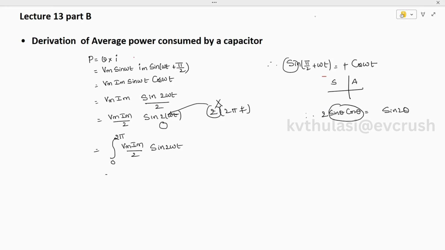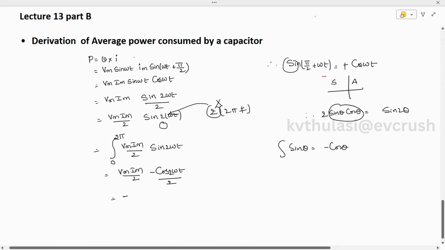So when you perform this, we are going to have Vm Im by 2 times the integral of sine theta, which is minus cos theta. The same we are going to have here. So the integral of sine theta is minus cos theta, and here you have 2 theta, that's why you'll get 2 in the denominator.